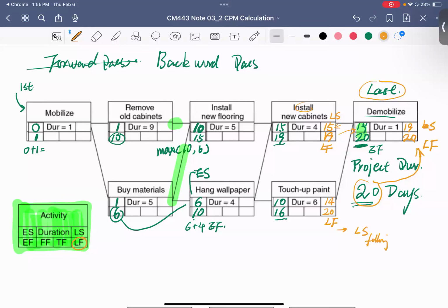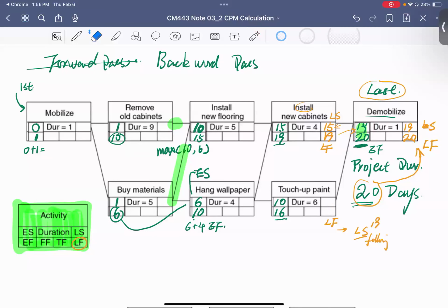Any other comments here? Maybe 19 and 13. Yes, 19 and 13. Why? Because that was the late start for the last one, it's 19, right? This late start time is here, and this is the late finish time.